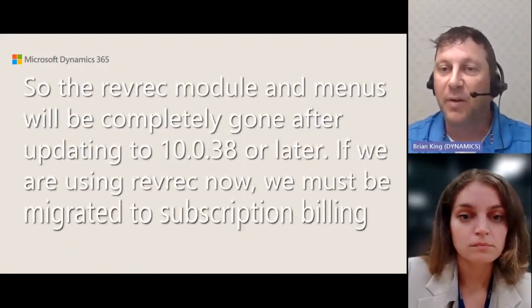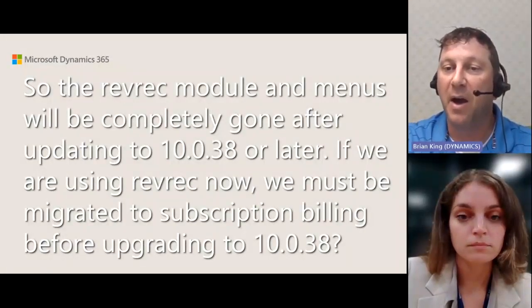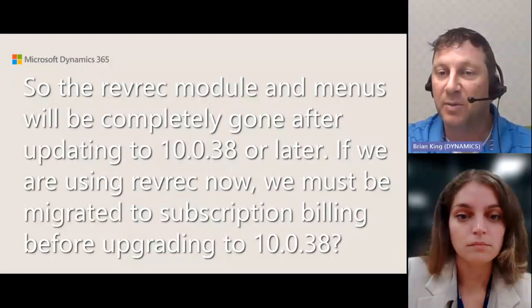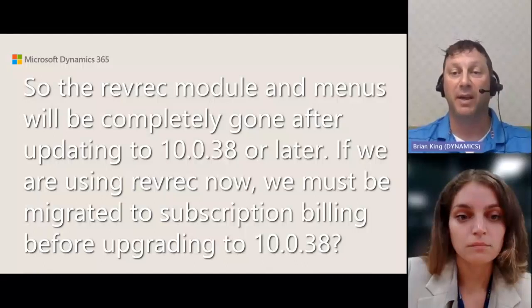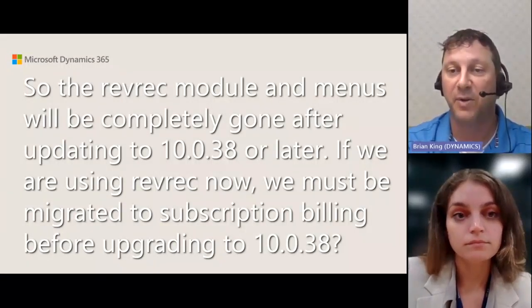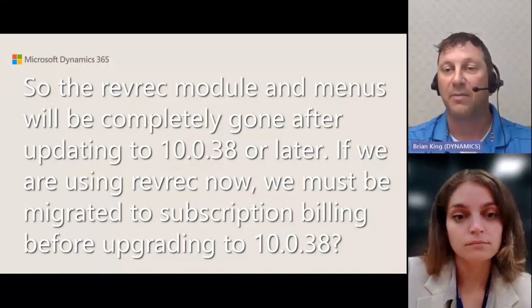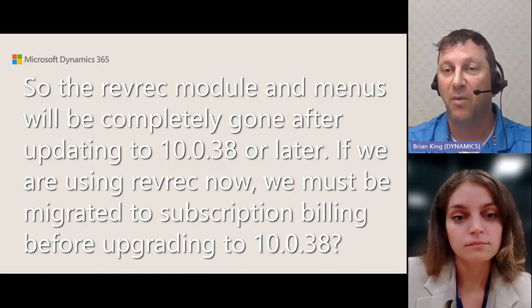The RevRec module and menus will be completely gone after updating to 10.0.38 or later. If we are using RevRec now, we must be migrated to subscription billing before upgrading to 10.0.38. Yes, that's the current plan. Originally it was going to be 10.0.36 due to some of the time frames as far as the product bundle going GA in 10.0.36 and the features for project integration with subscription billing.